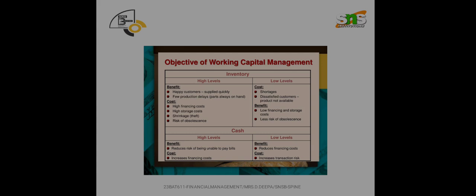Next is the cost. High financing cost and high storage cost. Cost is something that, when it comes to finance, everything requires some cost. Nothing is free of cost, right? Financing cost is how you are procuring finance from third parties.